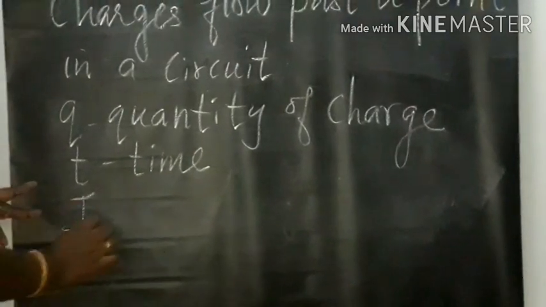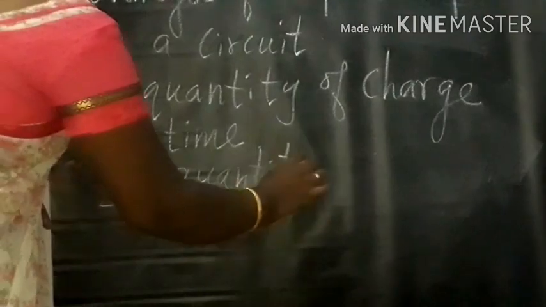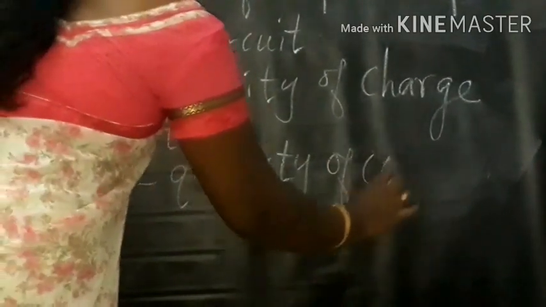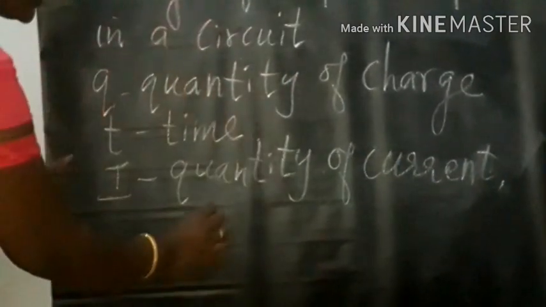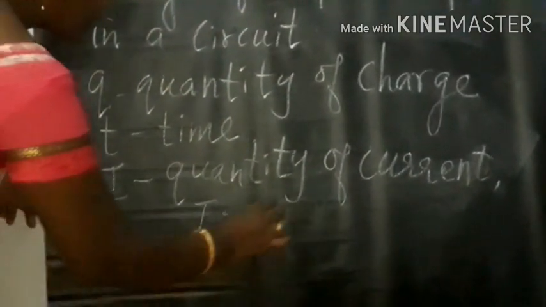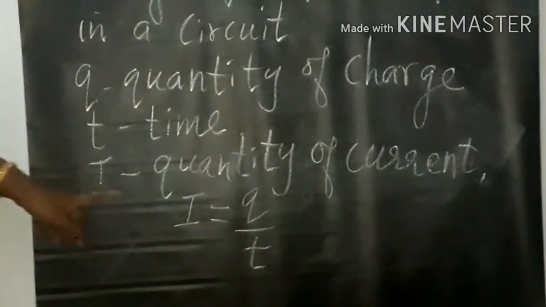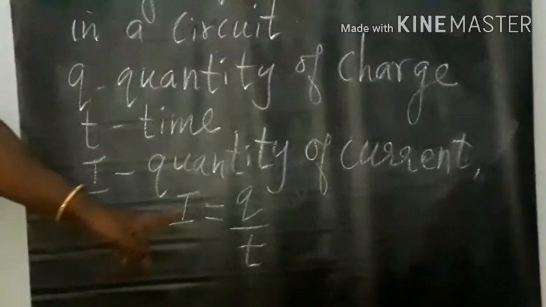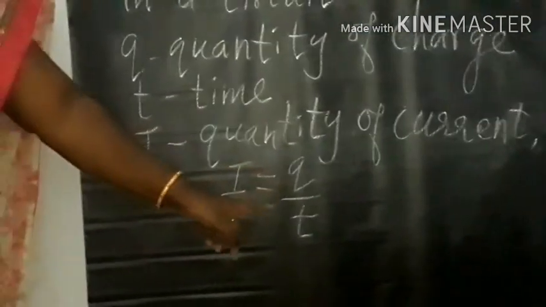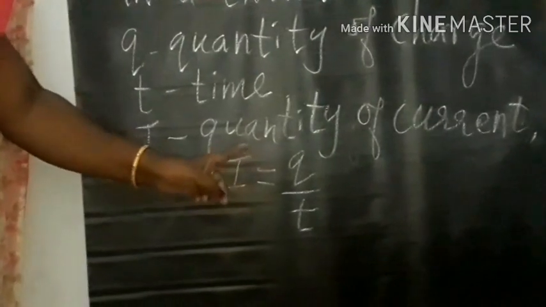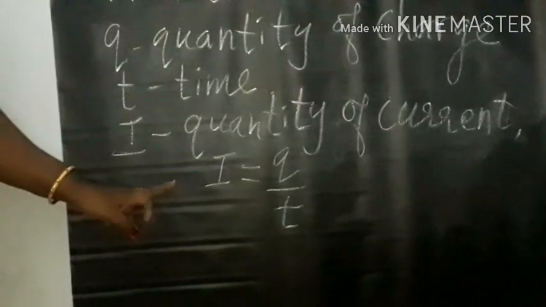And let I be the quantity of current, then I is equal to Q by t. So I is the current, which is given by Q by t. That is the rate at which the charge flows in a path of a circuit at a particular point.